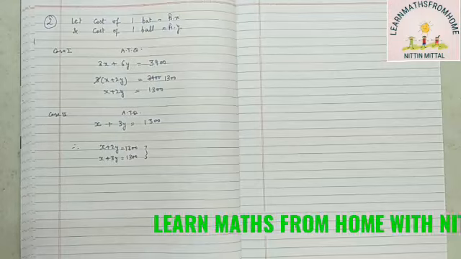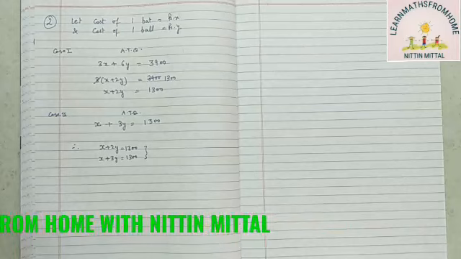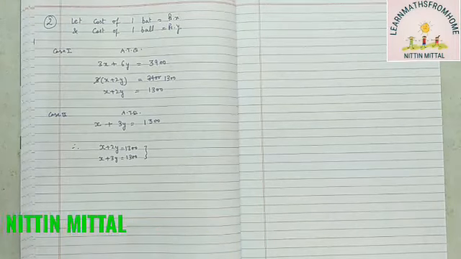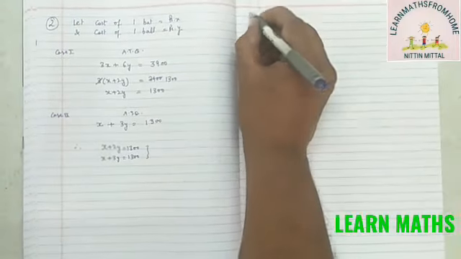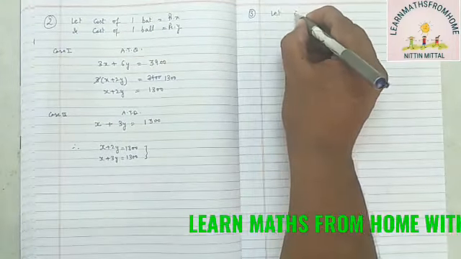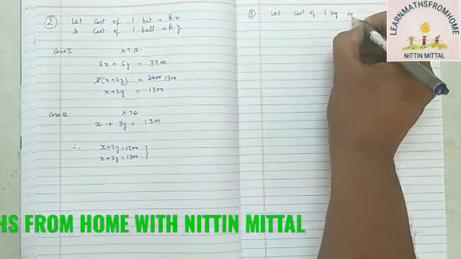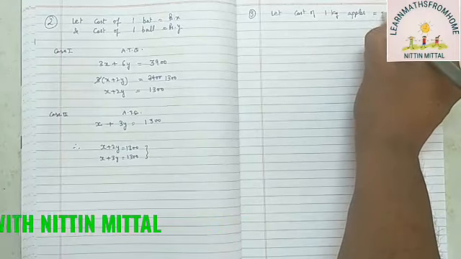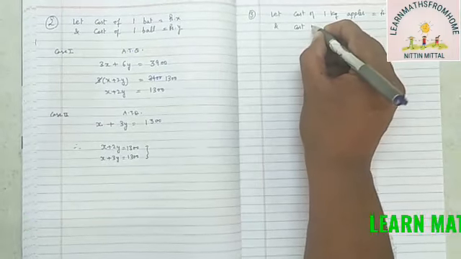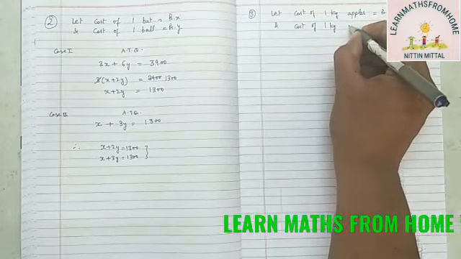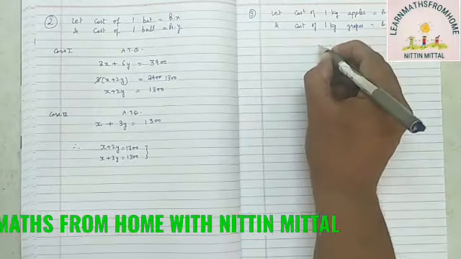So it is a similar question as the second question. In the second question there were bats and balls, whereas in the third question there are apples and grapes. So we have to again suppose in the same way. Question number 3, let cost of 1 kg apples is equal to rupees x, and cost of 1 kg grapes is rupees y.